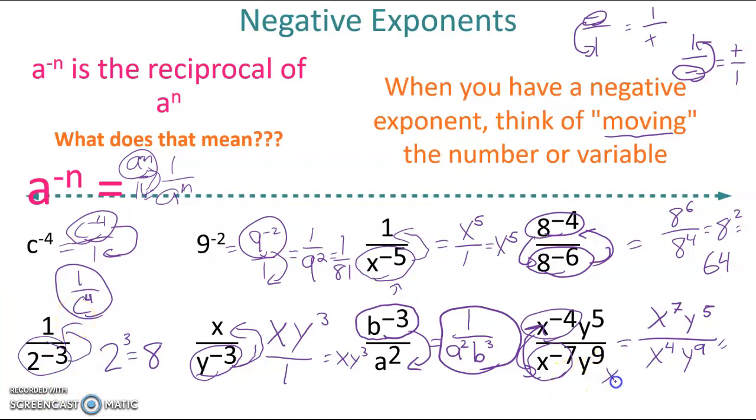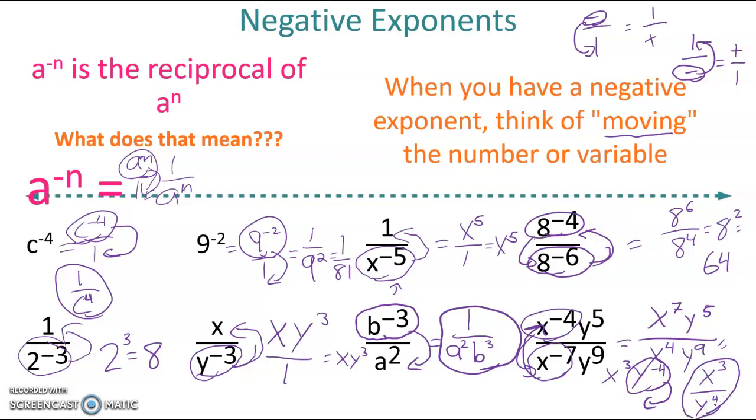I'm going to write it kind of up here, x to the 3rd power. Now this one's a little bit different. We have 5 minus 9, which technically gets us a negative 4, y to the negative 4 power. But what we remember is that we take this y to the negative 4 power and we move it to the bottom, which gets us x cubed over y to the 4th power.